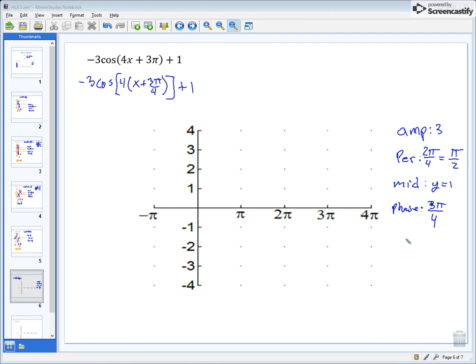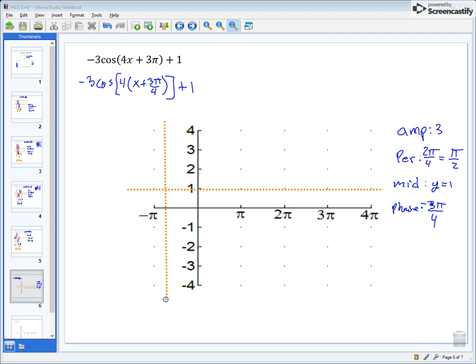All right, so I've already got the graph labeled here. So we can go ahead and draw in our lines. We have a midline of 1. We have a phase shift of left, so it should be negative 3 pi fourths.